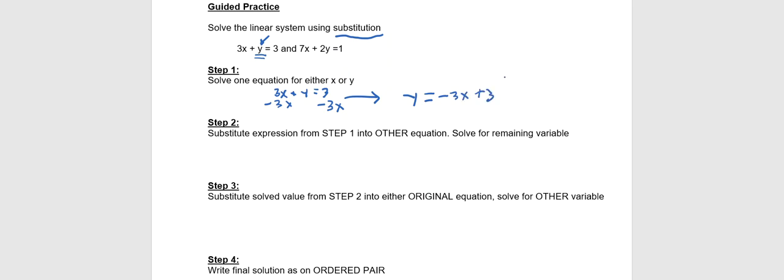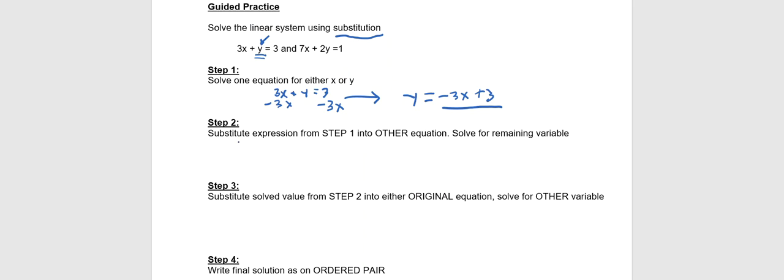Now you might be looking at this saying, hey, this looks familiar to me. This is y equals mx plus b. Well, that's not a requirement. All I really care about is that this equation is solved for y, and it is. It says y equals negative 3x plus 3. So we've taken one equation and we've solved it for y.